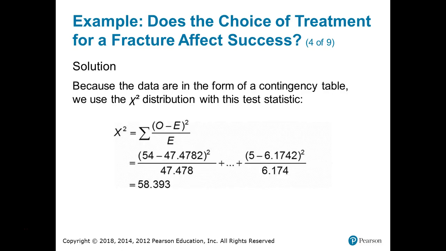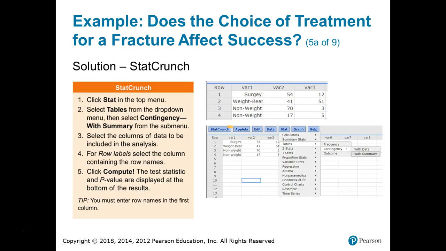So we will find our chi-squared value with a test statistic. So we have our chi-squared is 58.393 using that equation, or we can use, you guessed it, StatCrunch, or really any of the other technologies. So here is our procedure. So we are going to quickly fill in that chart. Notice how I included variable 1, which is the name of the description.